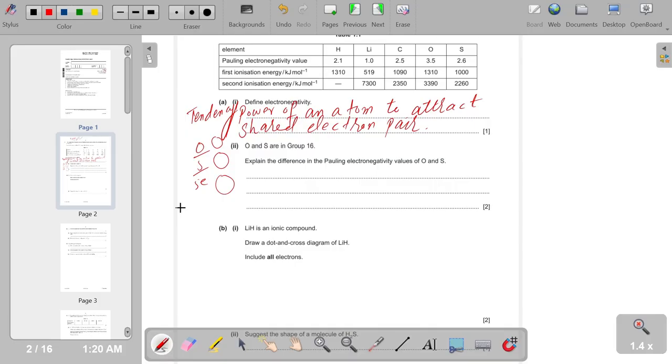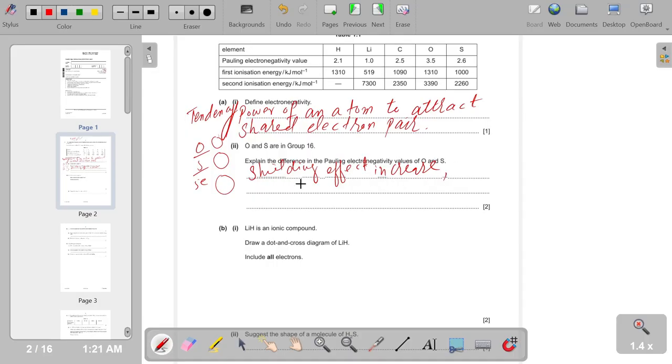So what could be the reason? When extra shells increase, the shielding effect also increases. The shielding effect increases down the group. What other reason could there be? Nuclear charge and shielding effect. How can you say that?